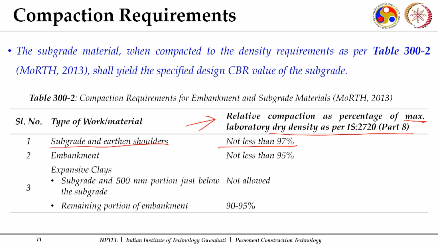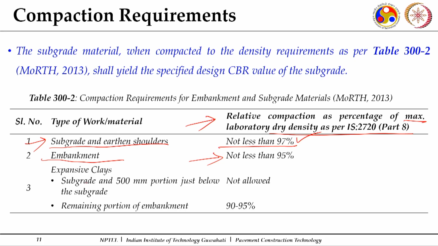The subgrade material or the shoulder material should not be compacted to less than 97% of their density. For embankment, it should not be compacted to less than 95% of the maximum dry density from the heavy compaction Proctor test or the modified Proctor test.